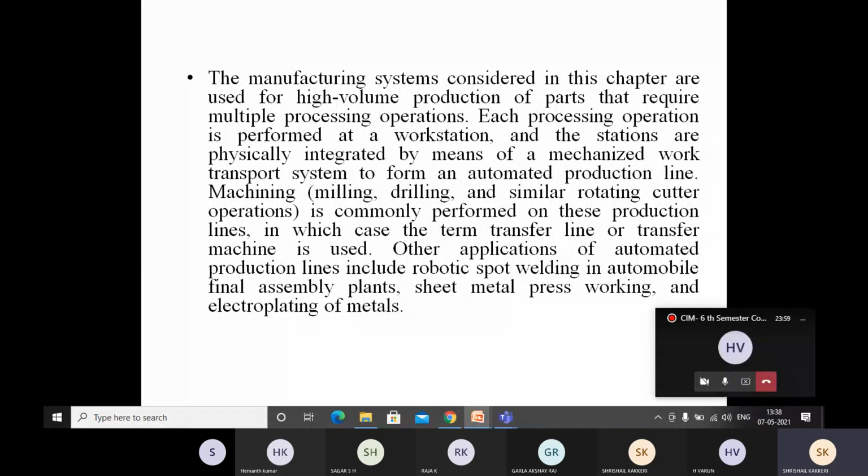The part will be processed on the transfer lines, that means the conveyors, and partly some of them will be handled manually, and that is called partial automation.